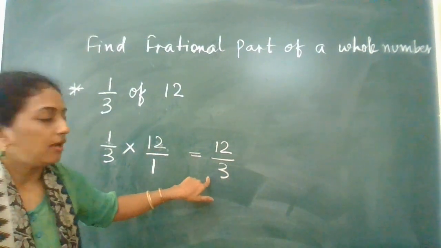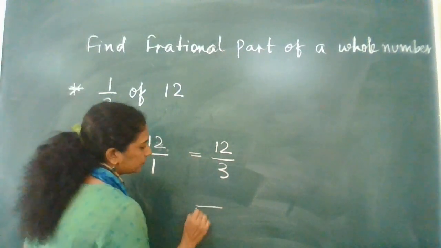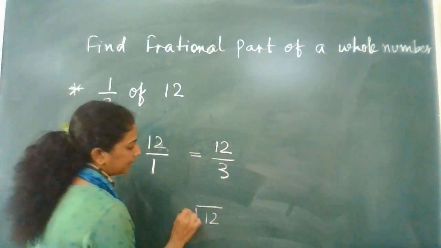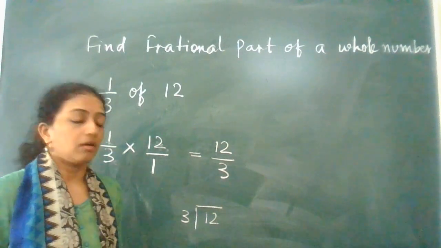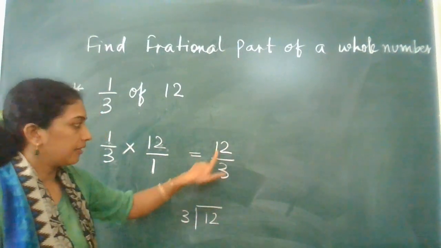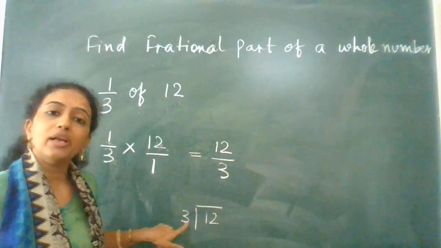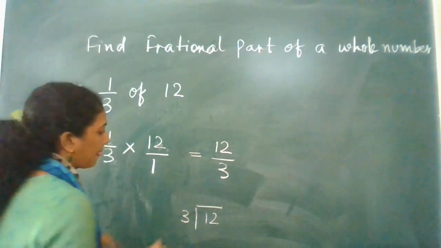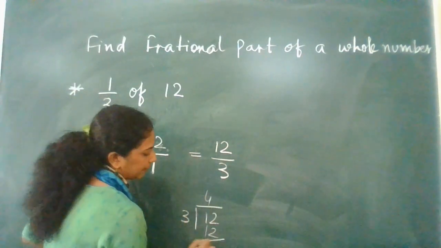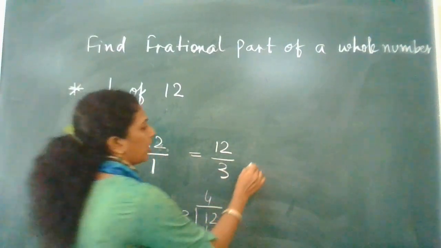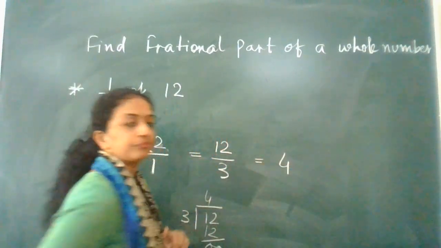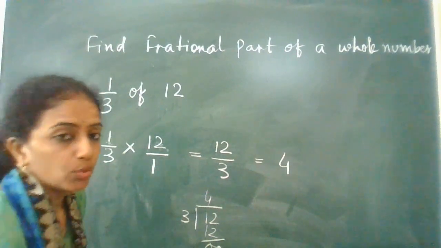So 3 will divide 12. 12 is a dividend and 3 is a divisor. So now we'll have to divide it. So 3 fours are 12 and 0. So the answer is 4. This is one way you can do it.